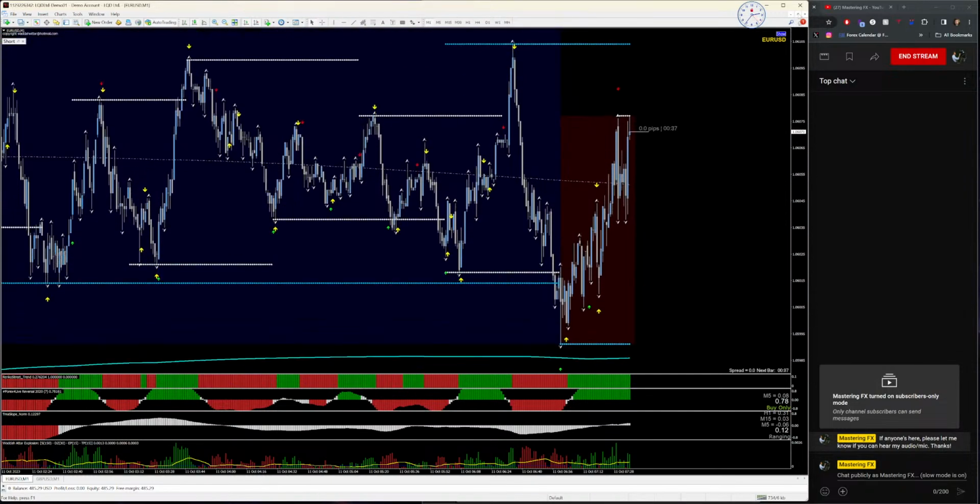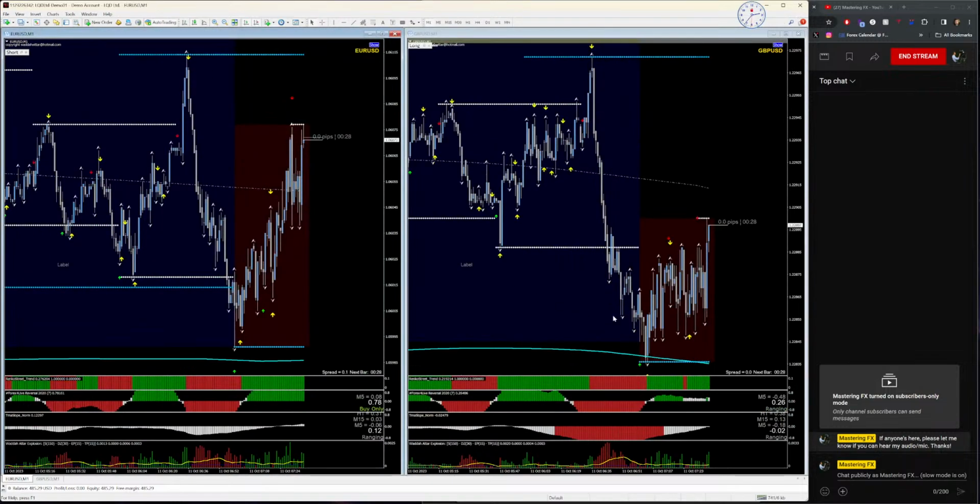So let's see. We did not get an entry going long here because we did not sweep the lows, so that would not have been a valid trade for me. Here we did sweep the lows, but I mean, you could have considered this an entry, I guess. Well, what was this? That was only 3 pips.